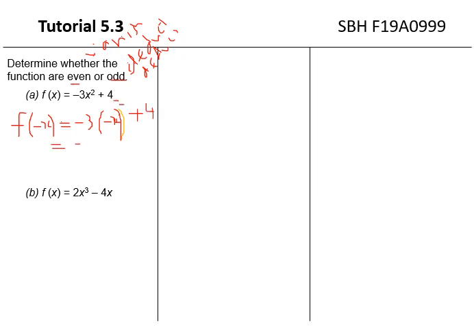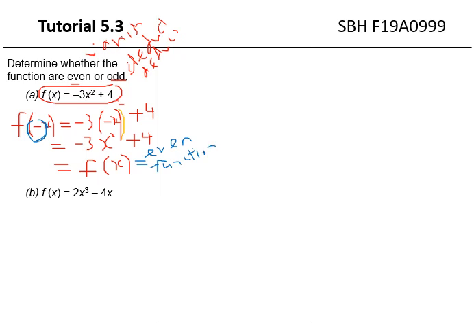So it produces negative 3, negative x squared, and we get negative 3x squared plus 4. When we look at the original function here, what do you see? It is f(x). So when we have a negative here and it vanishes, this is what? An even function. Okay, done.